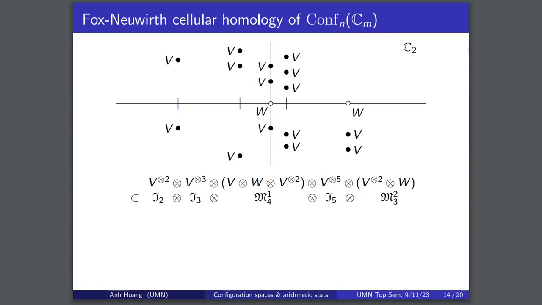Basically, this module over the quantum shuffle algebra is the same as the algebra, except I insert a W everywhere, and every summand has a single W in it. The multiplication moves your W around as you expect. Okay, but if you look at this now, this is very close to the form of the bar complex.